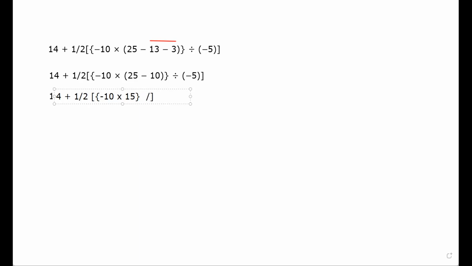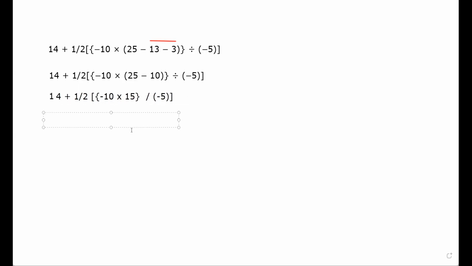I'll make this division sign and write down minus 5. Now, my dear students, as you know, we just need to solve this curly bracket first.